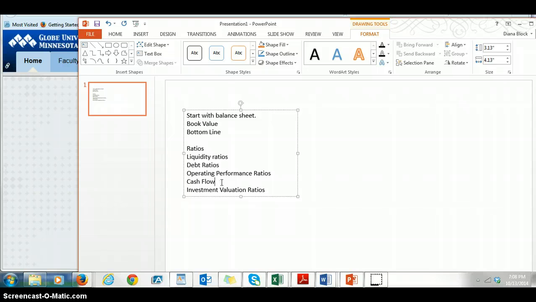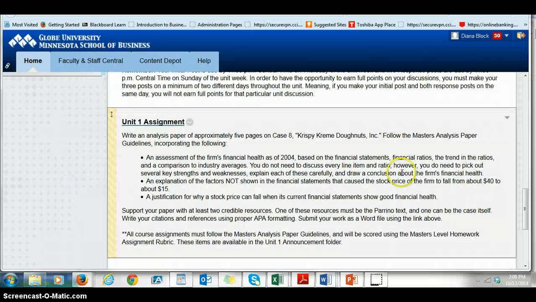So there's a lot of information in these chapters. Like I said, you're going to read 5 chapters this week. You're going to get a lot of ratios. You're going to get a review of the financial statements. I mean, just a wealth of information. But when you're looking at this case, what are the specific questions that are being asked? Assess the financial health of the firm.